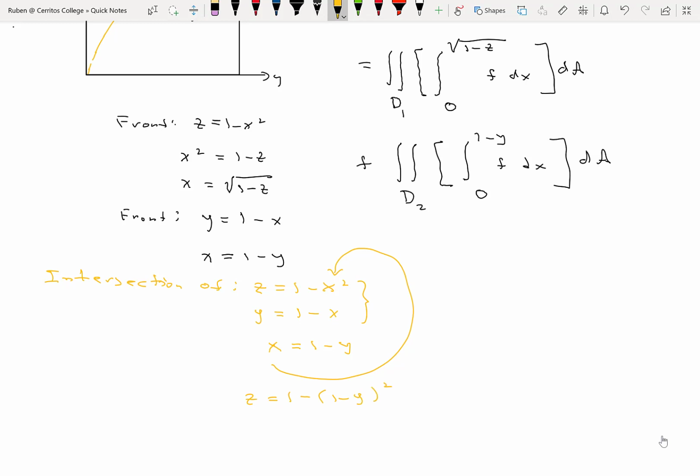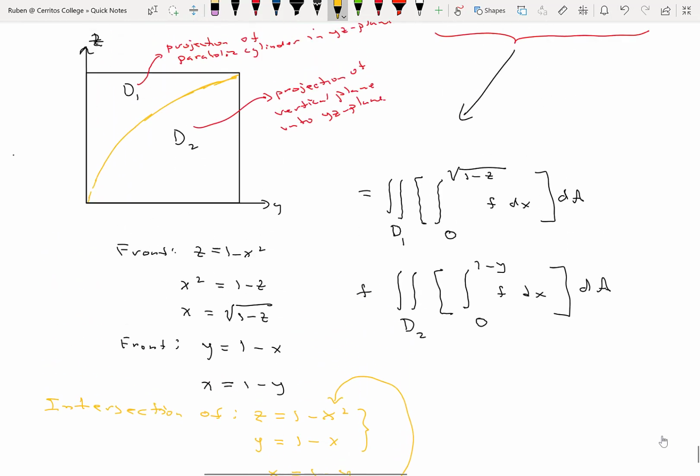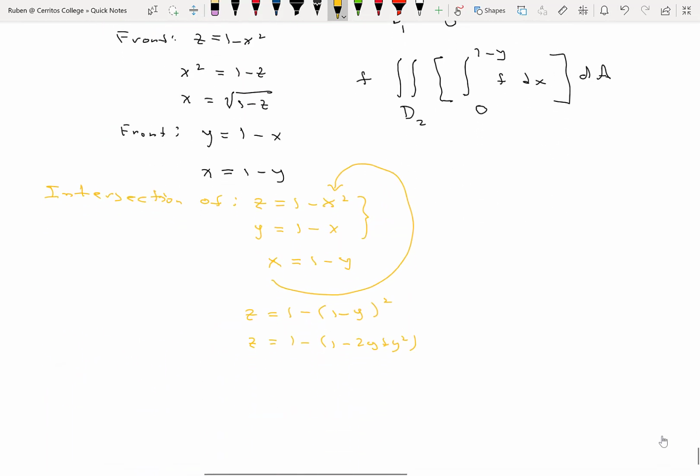How do I know that the shape is a parabola? Because that's the equation of a parabola. If we expand, we get z equals 1 minus the quantity 1 minus 2y plus y squared, and then distribute the negative 1.